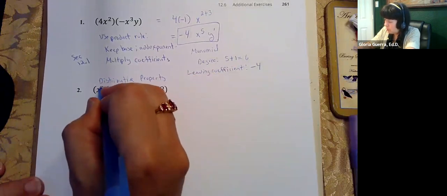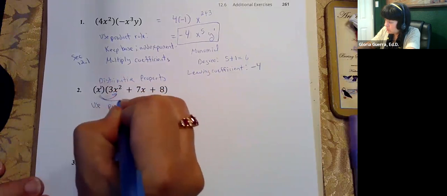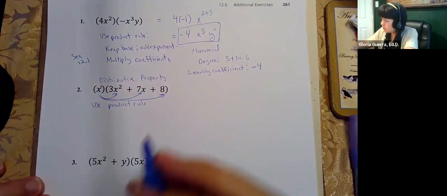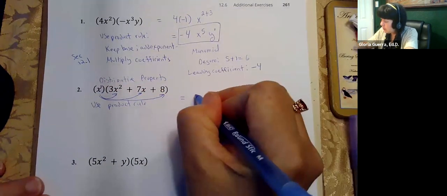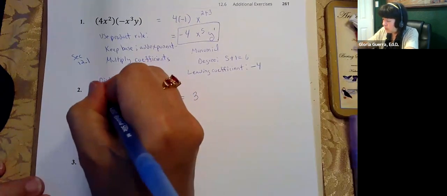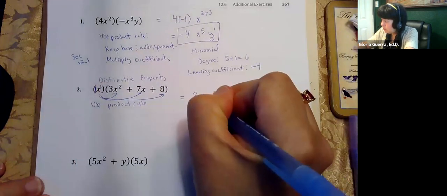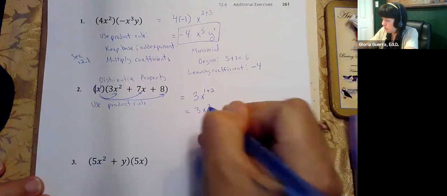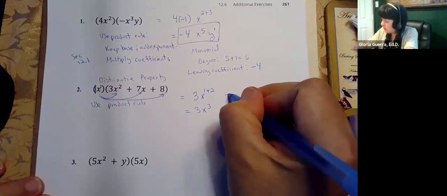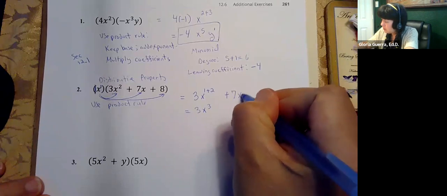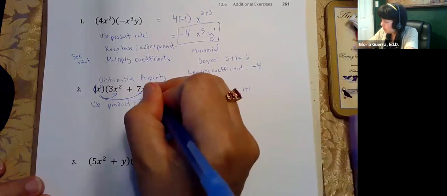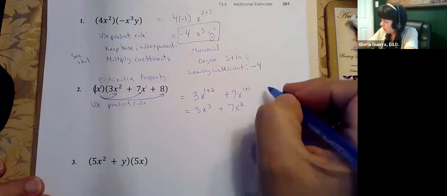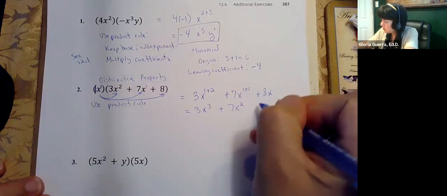There's an imaginary 1 here, which gets distributed to all of your terms. So you have this 3, because this is an imaginary 1 also in the front, and on the x, it's 1 plus 2, which is 3x cubed. And then you have plus 7, and on the x, 1 plus 1, which is 7x squared. And you have plus 8x.